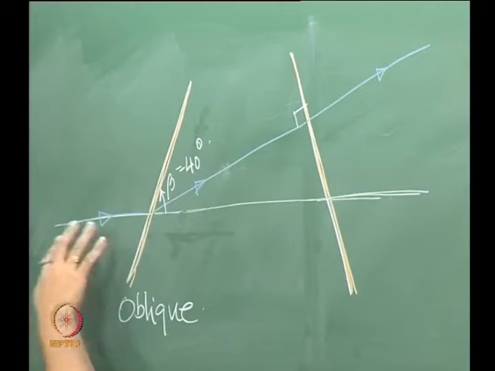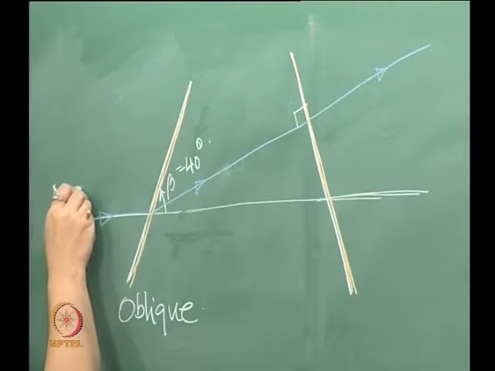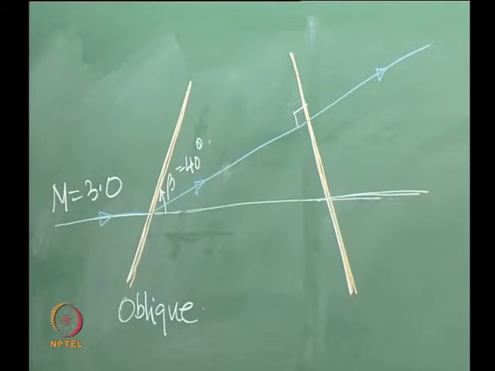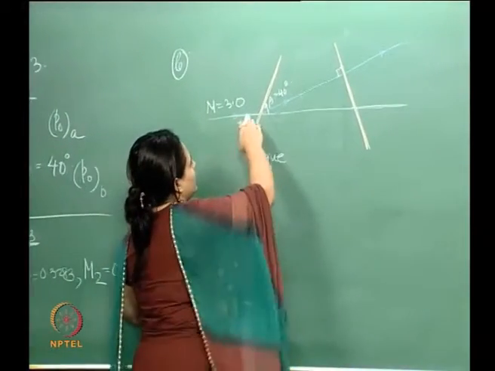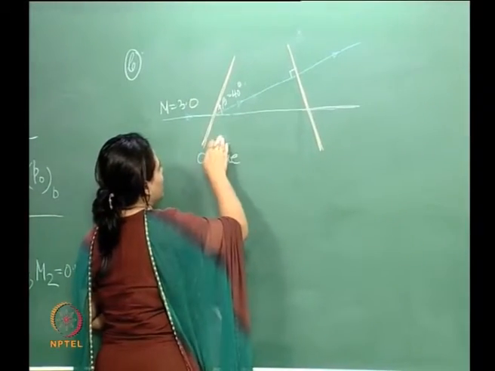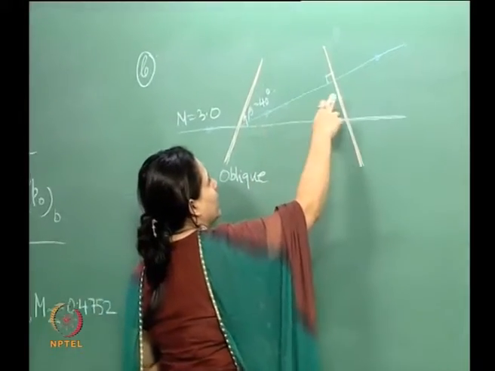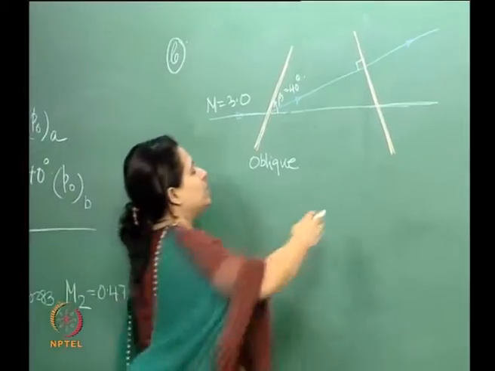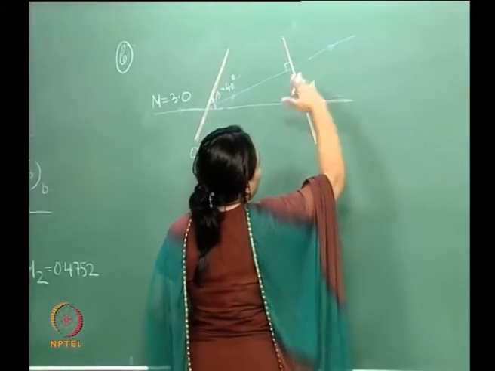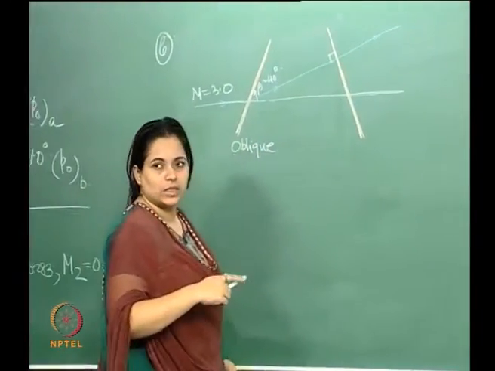So here the flow comes, this is my incoming flow which is Mach 3, and then it encounters this oblique shock, it is deflected, it comes here and I make it pass through another shock which is normal to it. So there is no deflection, it follows its path, but of course there will be differences in its properties.